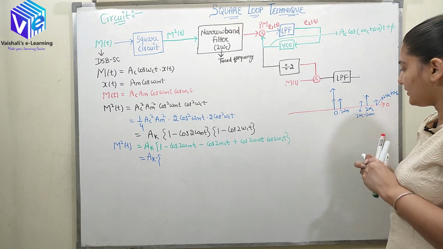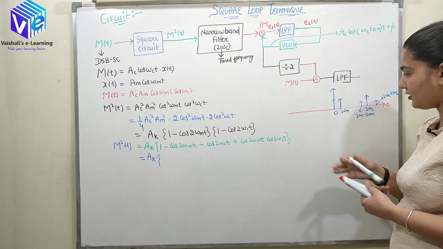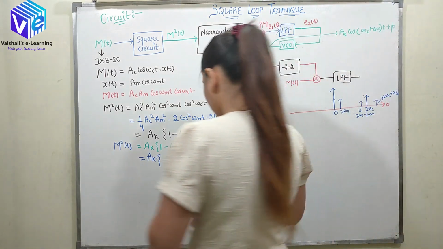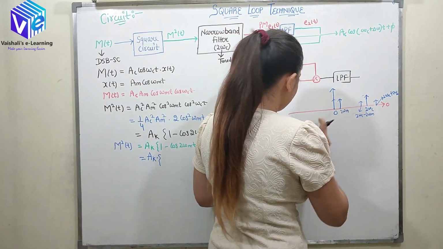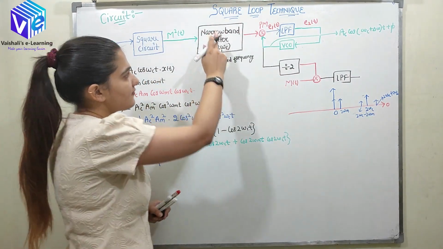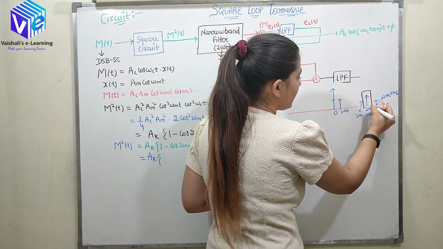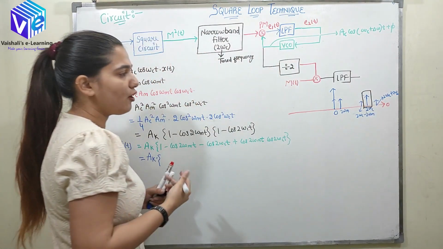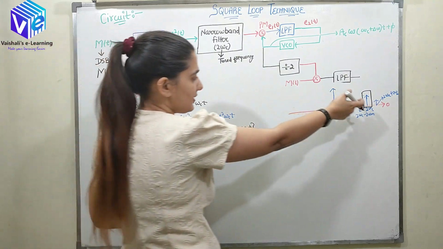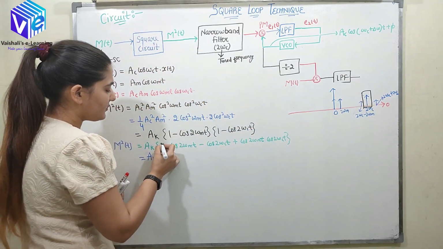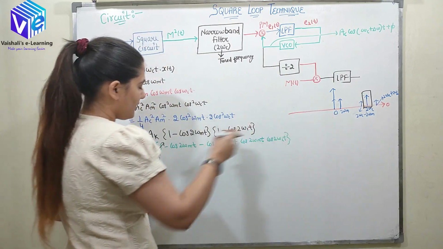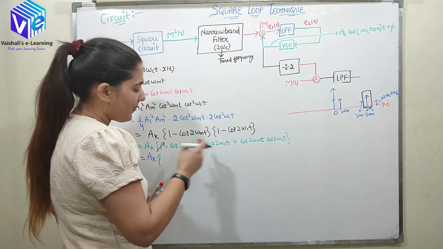Now these are the various representations of the frequency spectrum of the signal m square t. When it is passed through the narrow band filter, the filter will extract this signal only, and all of the signals except this one are rejected. One is rejected because it is here, and the narrow band filter will not pass it.